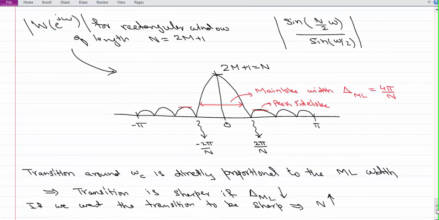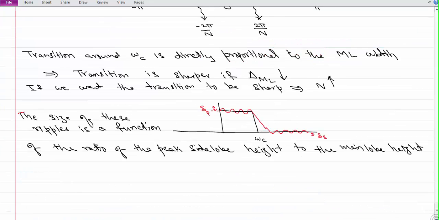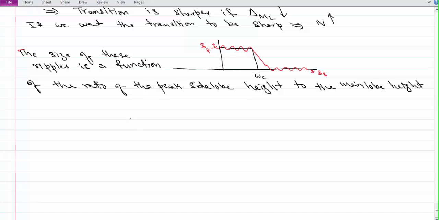So it's really looking at what is the ratio of this divided by this, rather than just looking at the absolute value of the peak side lobe. So the term that this delta is directly proportional to is the peak side lobe height divided by the main lobe height.